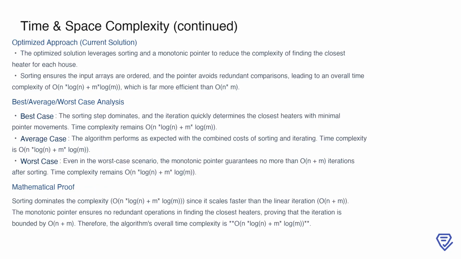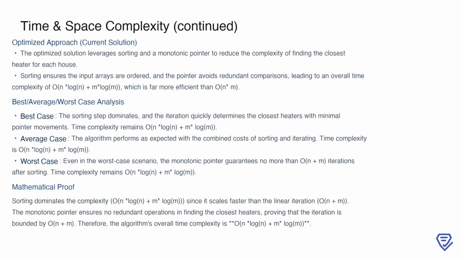The optimized approach achieves its efficiency through sorting and the use of a monotonic pointer. Sorting ensures the input arrays are processed in a structured manner, while the pointer eliminates redundant comparisons, leading to an overall time complexity of O(n log n + m log m). When analyzing specific cases, the best case scenario involves minimal pointer movements during the iteration, but the time complexity remains dominated by the sorting step at O(n log n + m log m).